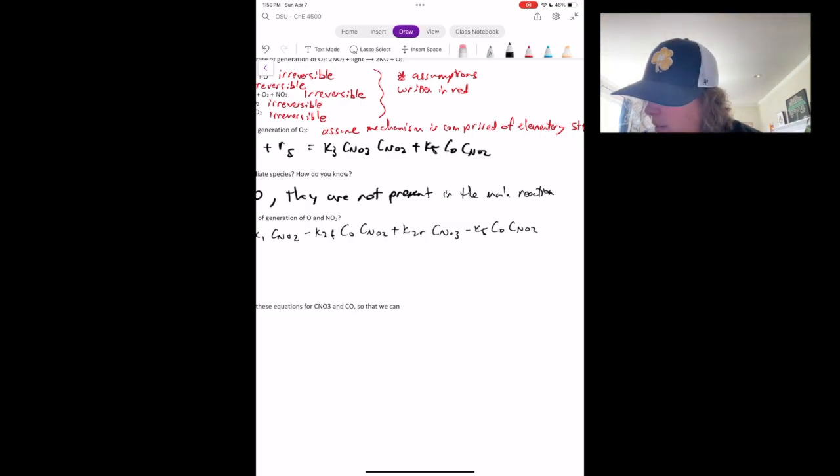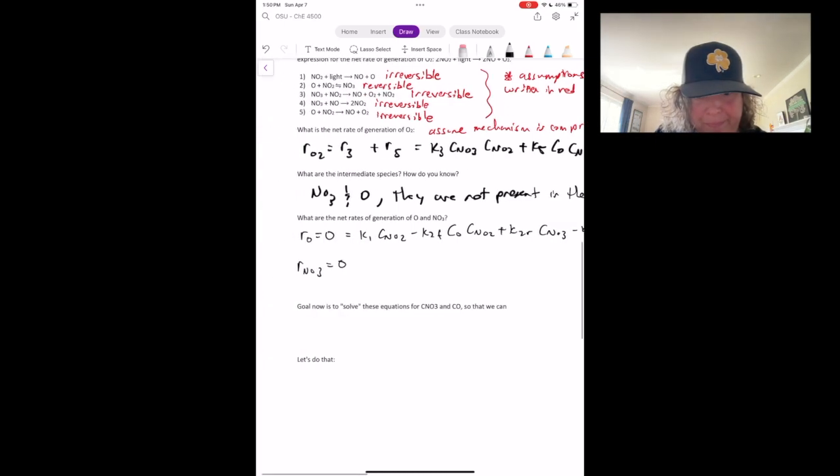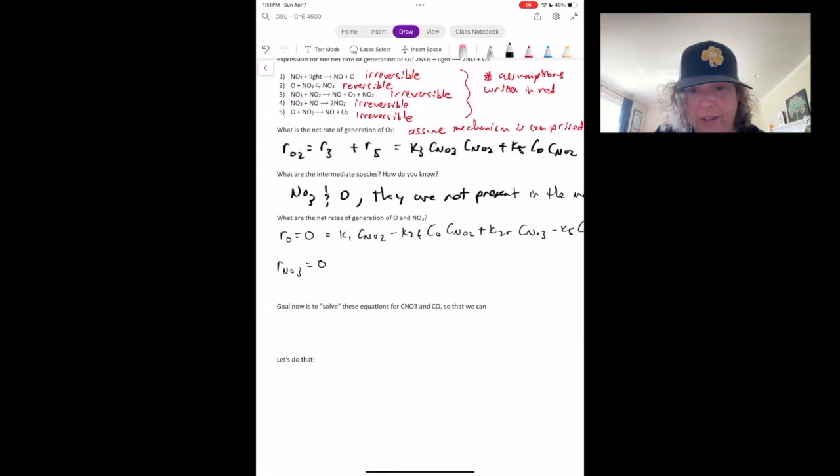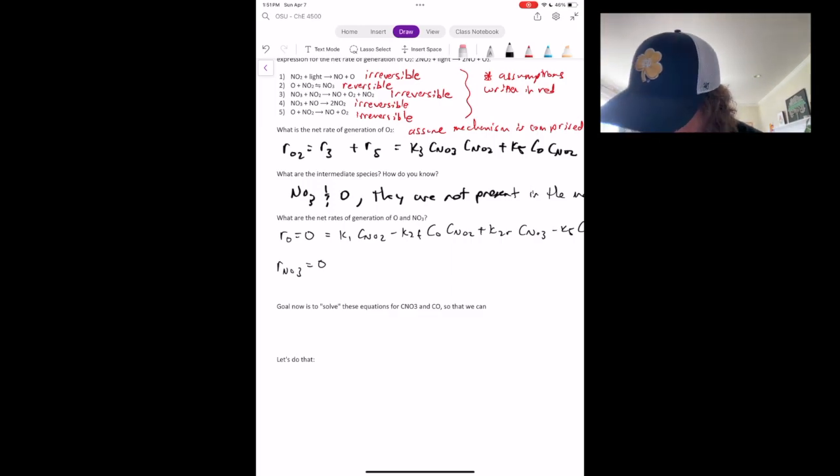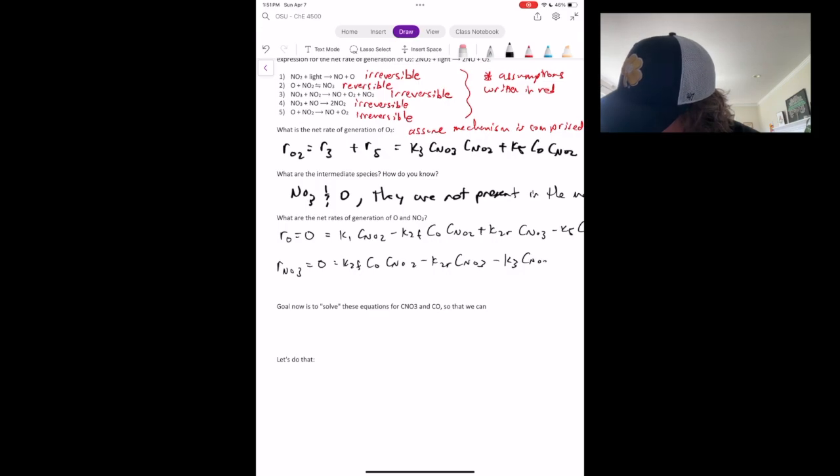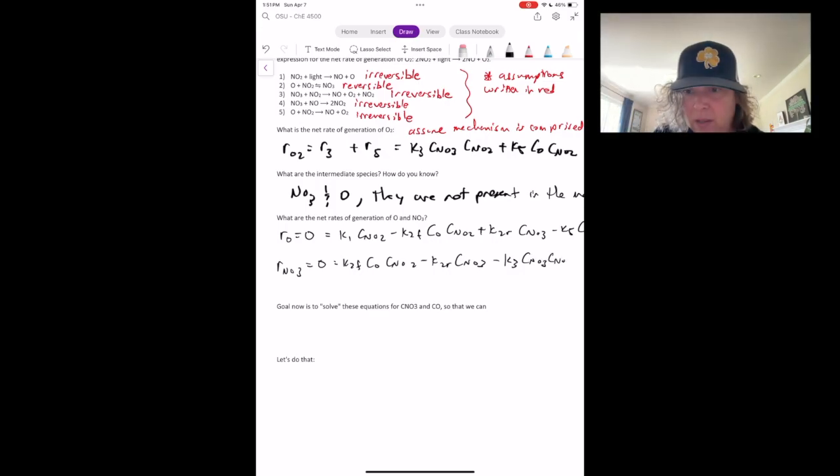And then NO3 is going to have contributions from reaction 2, reaction 3, and reaction 4.